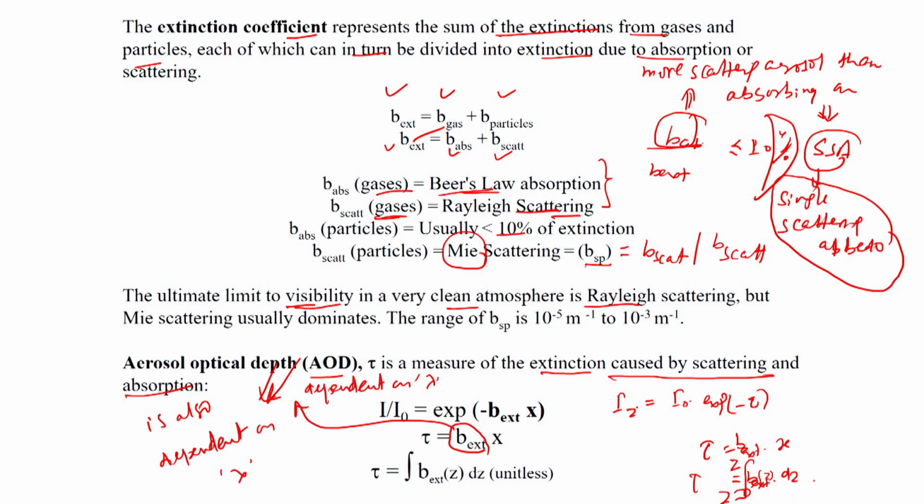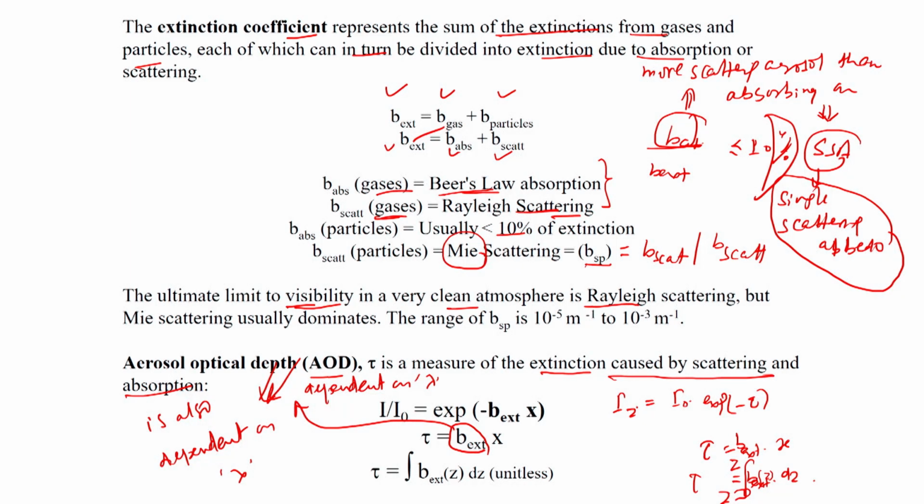At that time, the scattering will be dominated by the gaseous molecules, and that is called Rayleigh scattering. But usually Mie scattering dominates in the troposphere, because you have more particulate matter there.